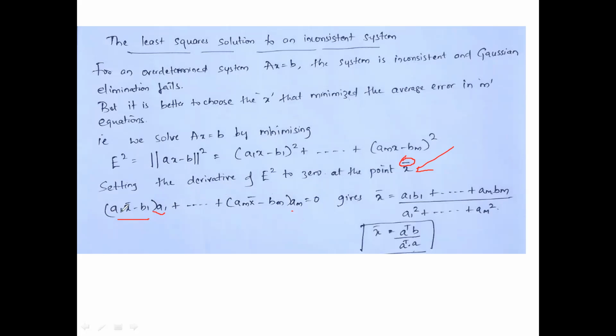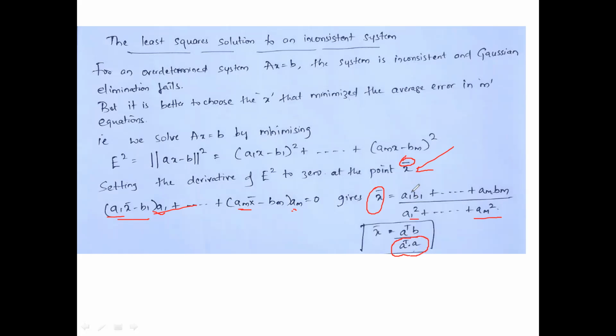You take all the x terms on one side, along with x there is a1 multiplied by a1, am multiplied by am, and so on. So when you solve for this approximation of x, which is not equal to x, in the denominator you get a1 squared plus up to am squared, which is nothing but the dot product of a with itself, or a transpose into a.